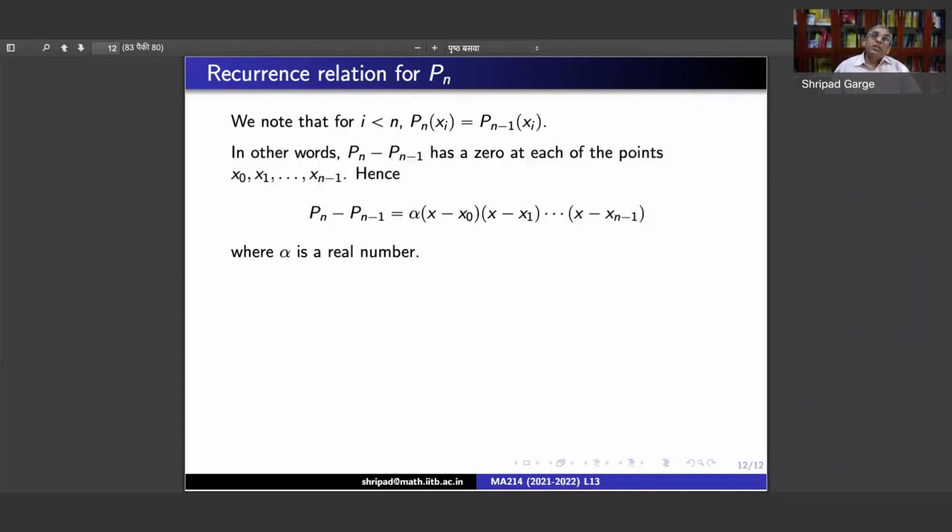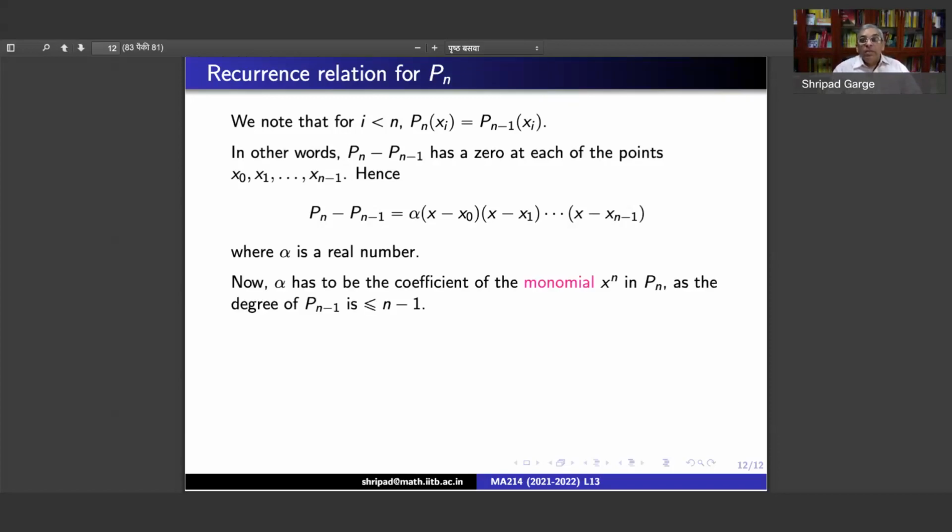So this alpha has to be a real number, and you also see that alpha is really the coefficient of x power n in the whole difference. But in the left hand side, Pn minus Pn minus 1, there is the coefficient of x power n, which we know, which we have defined to be f[x0 up to xn] in the square bracket. That has to be alpha.